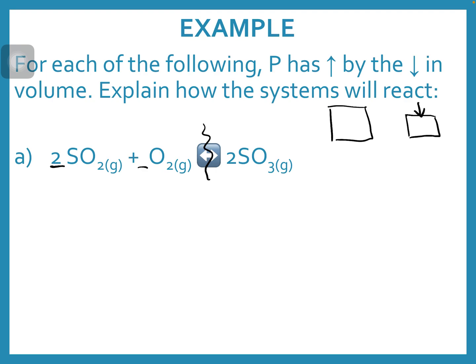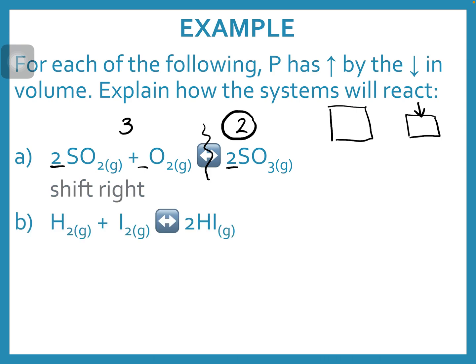I have 2 and 1, so 3 total molecules of reactants, and on this side I have 2. So if we have less space, we are going to favor the side that has fewer molecules. So this is going to favor the right side or the product. So it's going to shift to the right to counteract the stress.